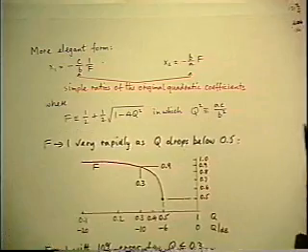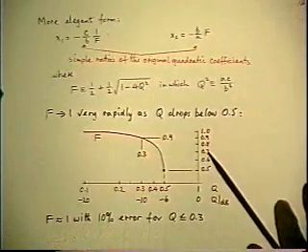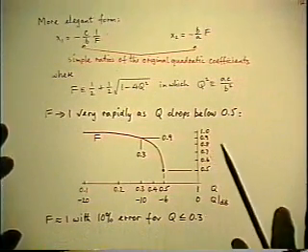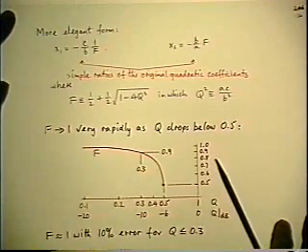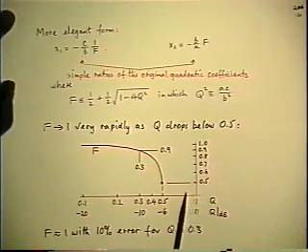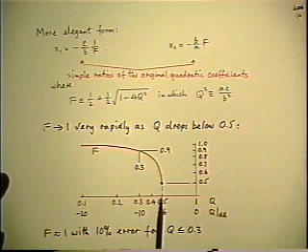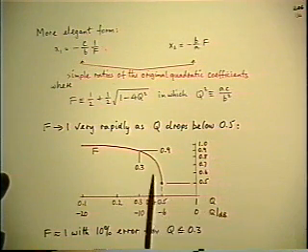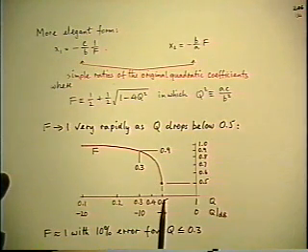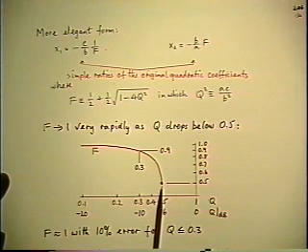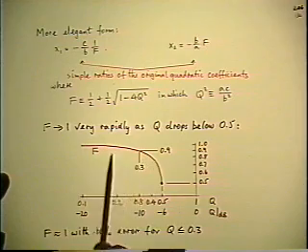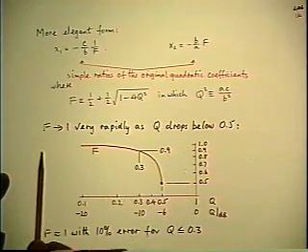And here's what a graph of f looks like. If q is bigger than 0.5, you have a complex pair, so you can't draw it. If q equals 0.5, f is 0.5. If q drops well below 0.5, f approaches 1.